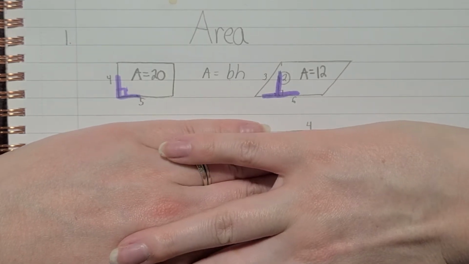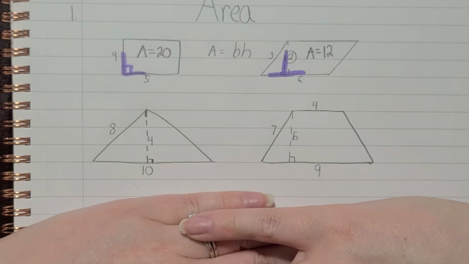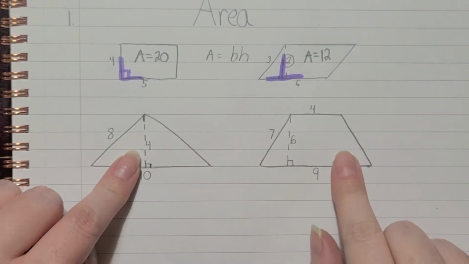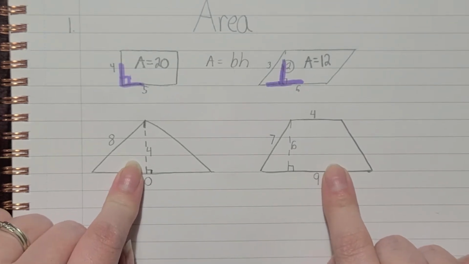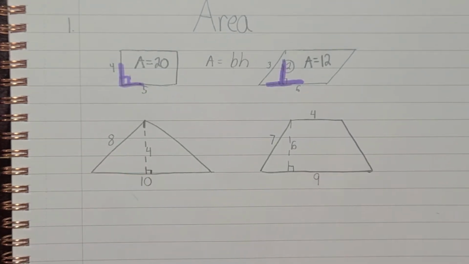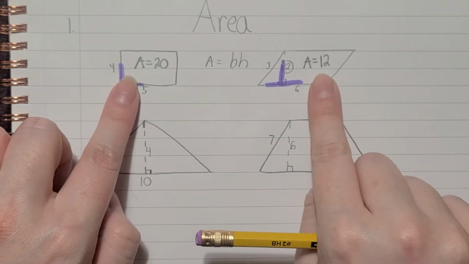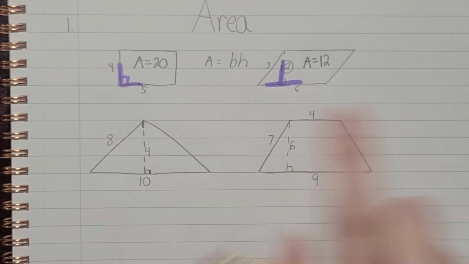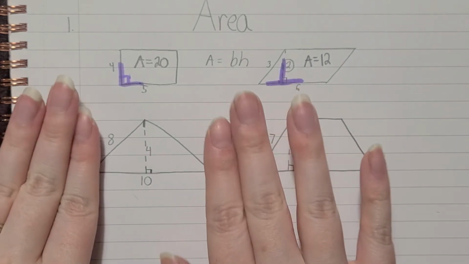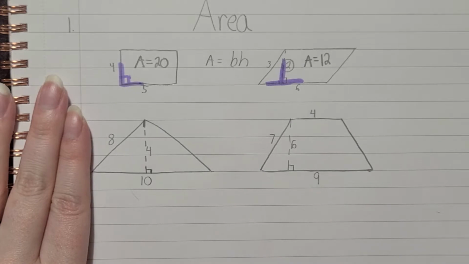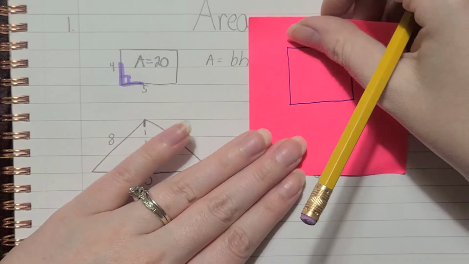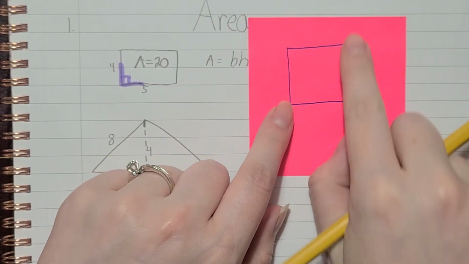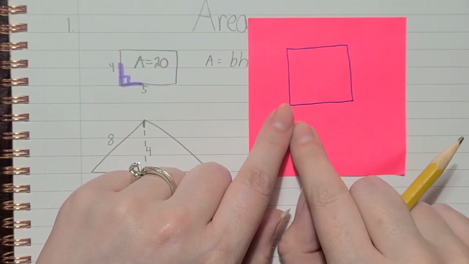It gets a tiny bit trickier when you move to the other shapes, because these shapes are made of these up here. Okay, so that adds a couple steps. Or made from. You could say that their formula is altered from your rectangle and your parallelogram formula. And let me show you what I mean. All right, we know that to find the area of a square or a rectangle, you can do base times height. Another thing you might see is for a square, all 4 sides equal the same thing.